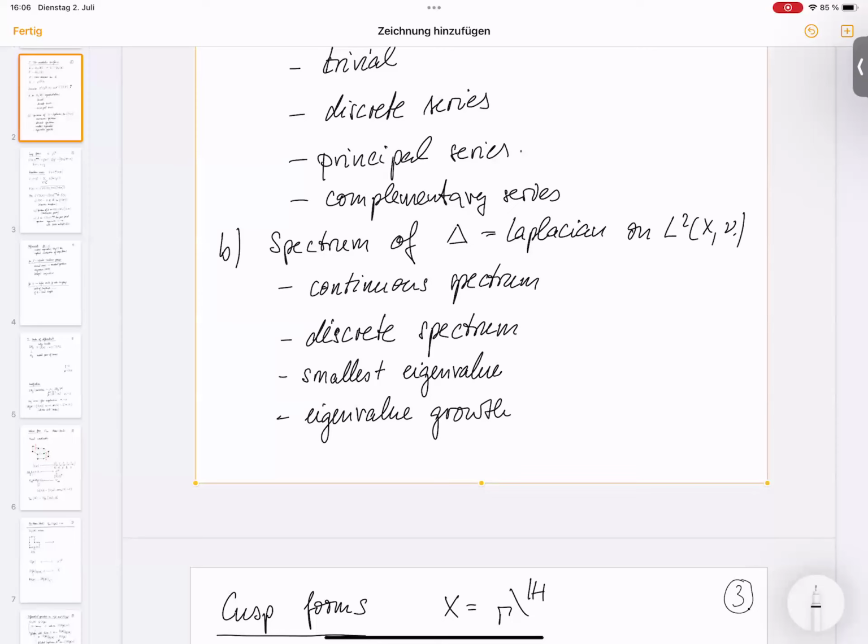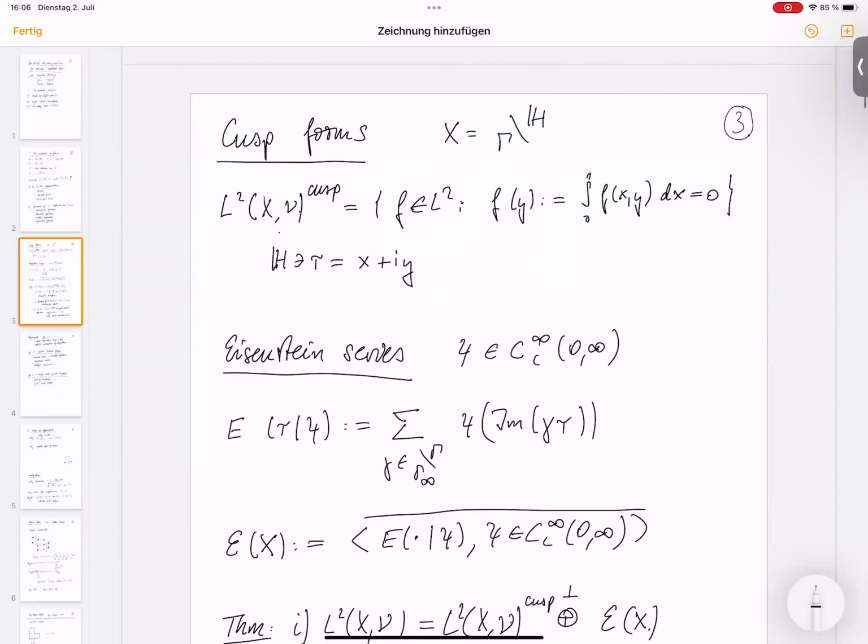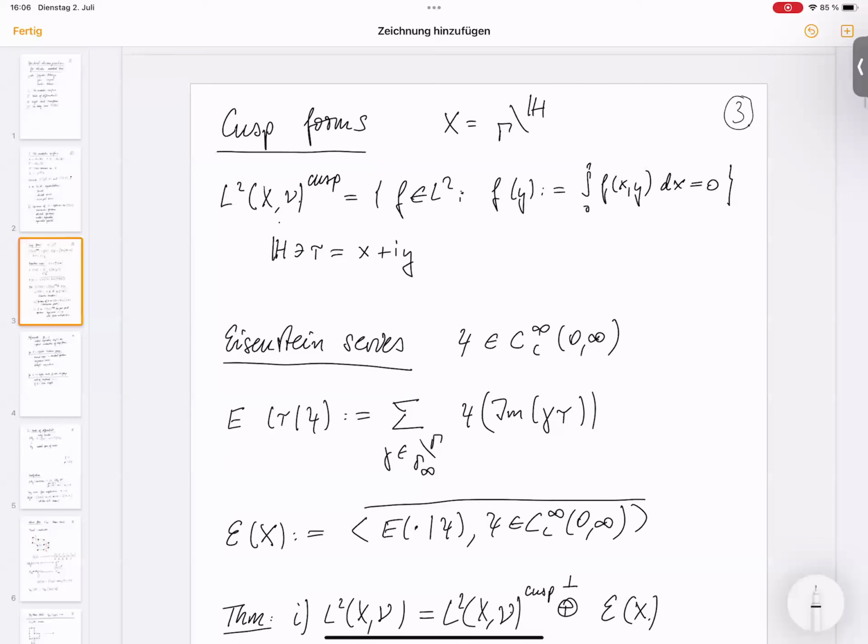so let me not mention more of the detailed questions, but just state the rough answers, which appear in any classical textbook on L2 decompositions. So there's the space of cusp forms.